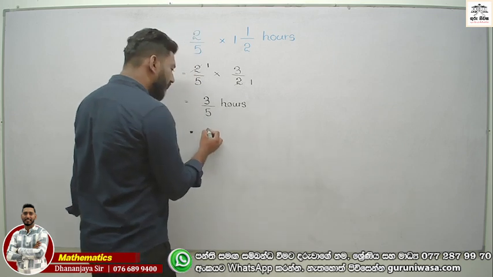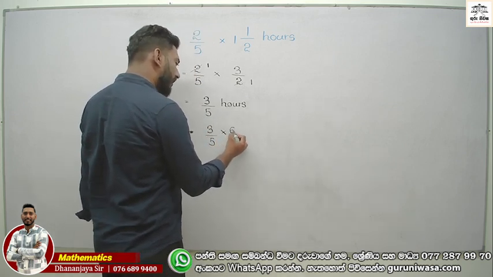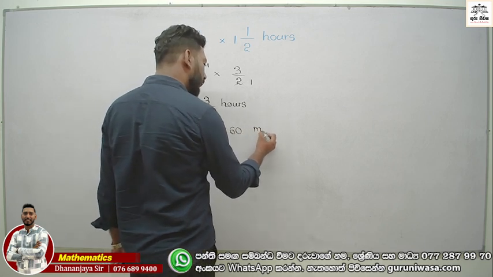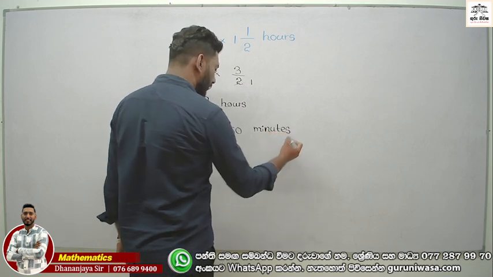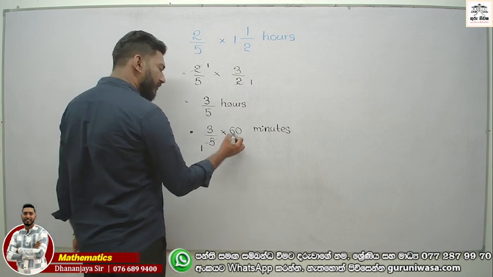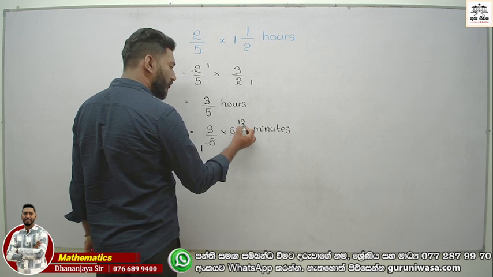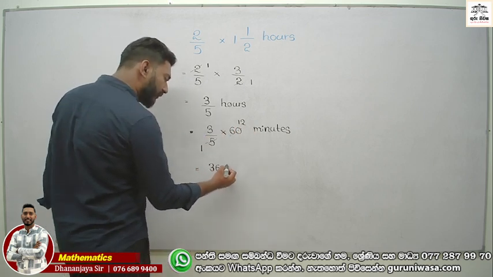Therefore, 3 over 5 hours means 3 over 5 multiplied by 60. Now this becomes minutes. 5 times 12 is 60, and 12 times 3 becomes 36 minutes.